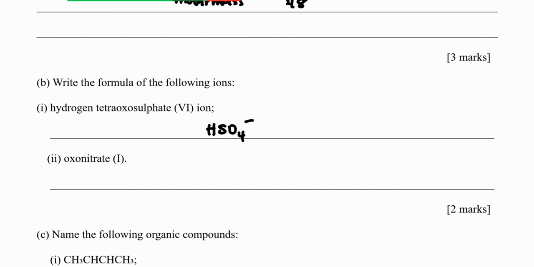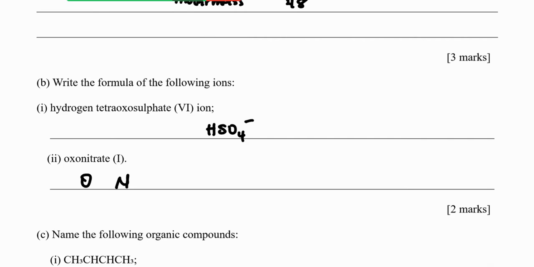Now the next one is oxonitrate(I). The I there signifies the charge of the nitrogen. Now, oxo tells you the presence of oxygen. So this is more like oxygen and nitrogen.